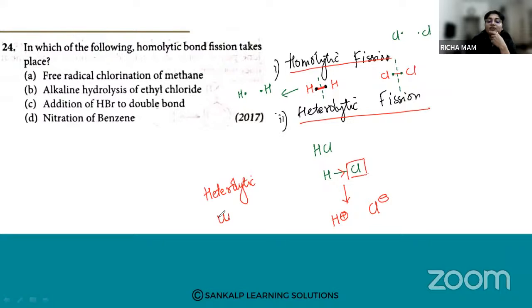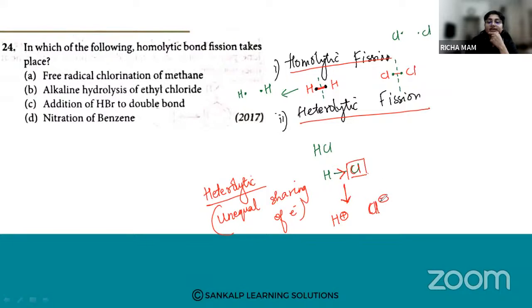So, unequal sharing of electrons. Electrons are not shared equally. Here, chlorine, being a highly electronegative atom, will tend to pull the electron towards itself. So what will happen when the bond is broken?